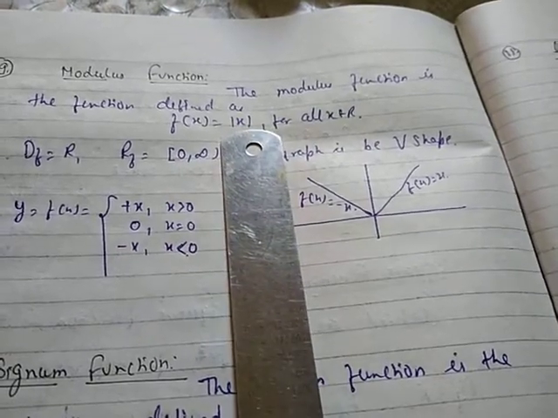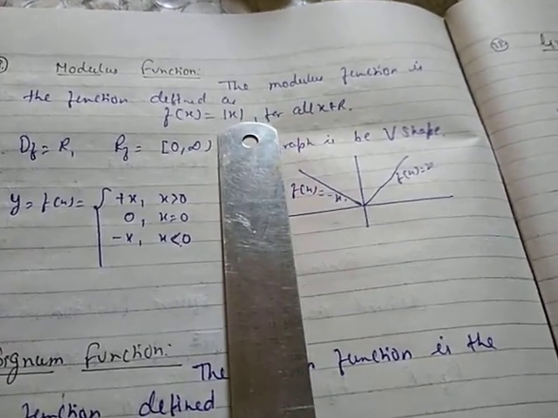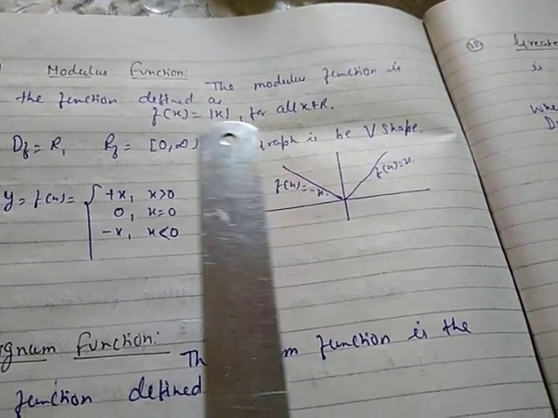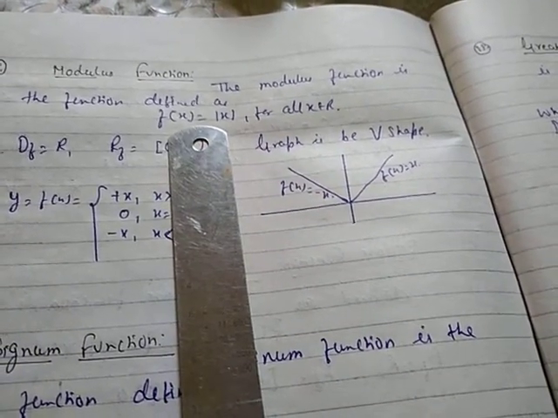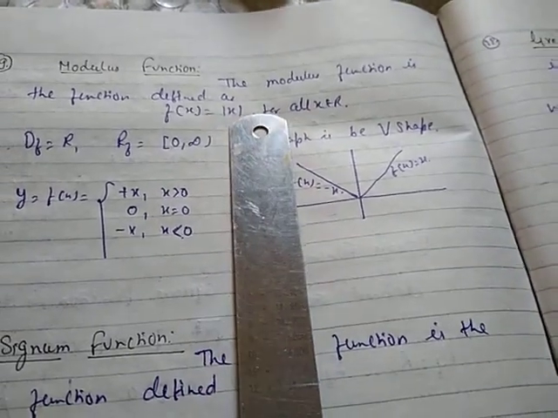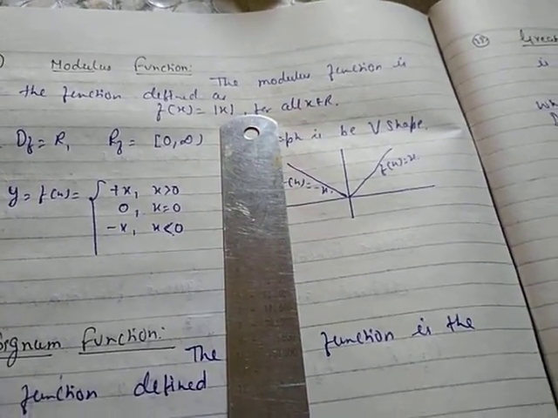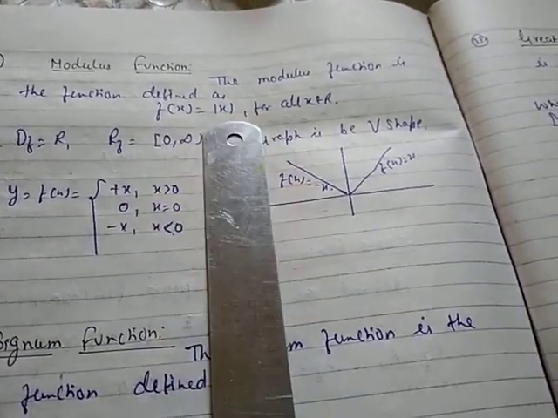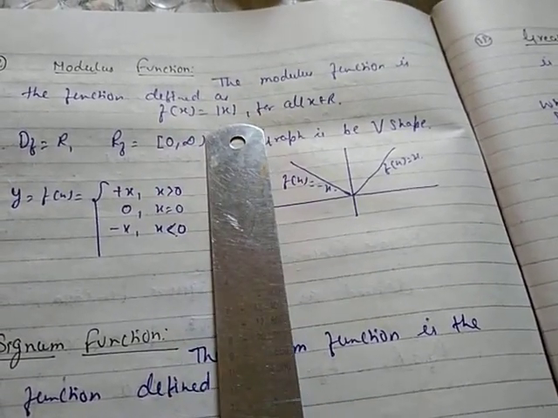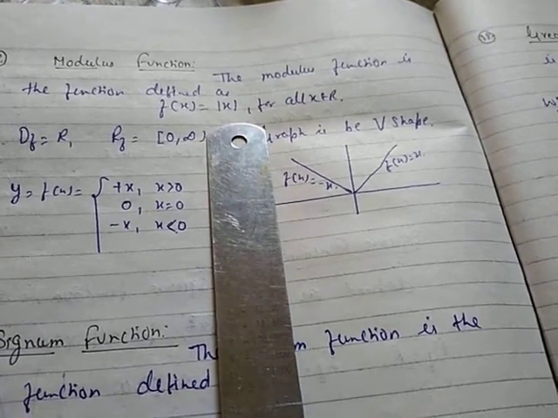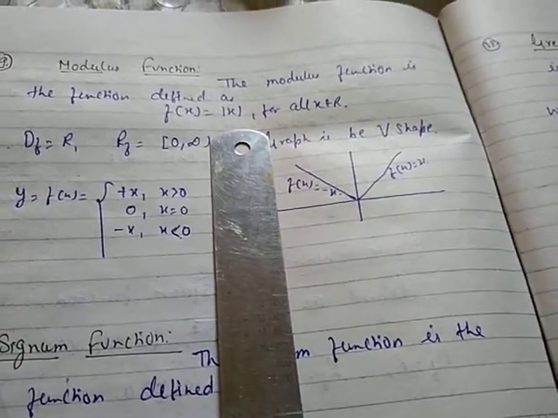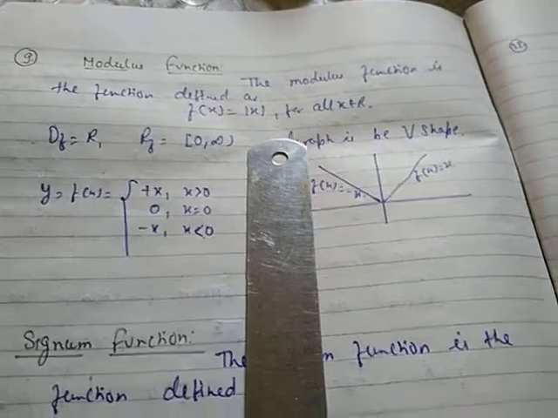Mod is always a positive value. If x is 5, then mod of 5 is 5, that is your f(x), that means your y. If you feed x = -5, then also you will get y = 5. This is your modulus function. But identity means if x is 5, then y is also 5, and if x is -5, then y is also -5. This is the difference between modulus and identity.